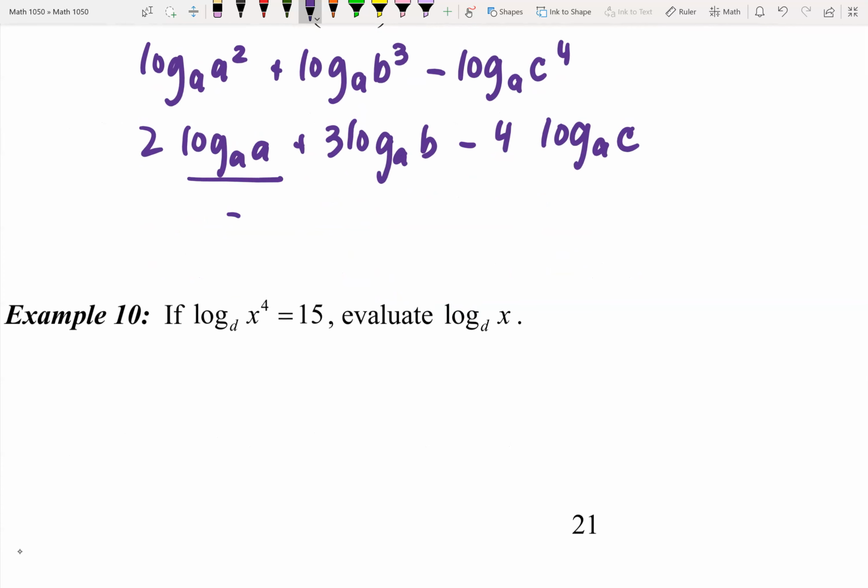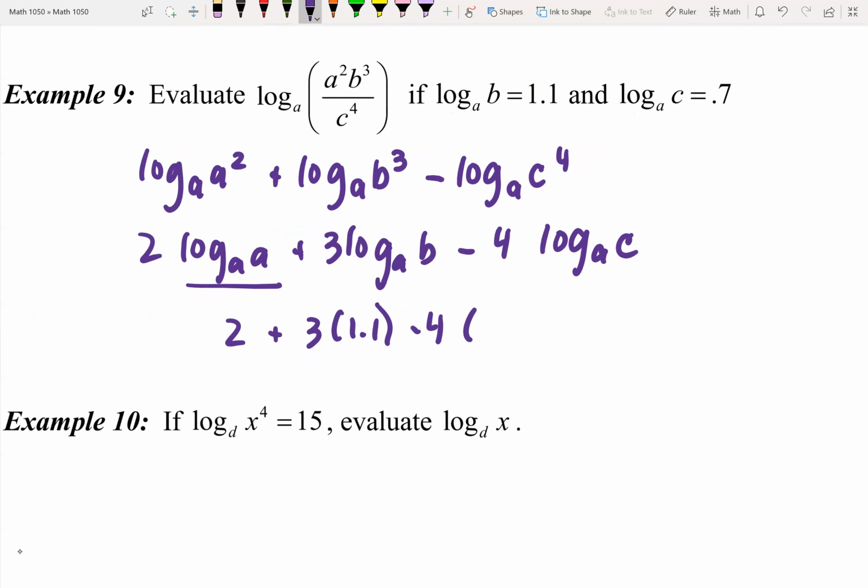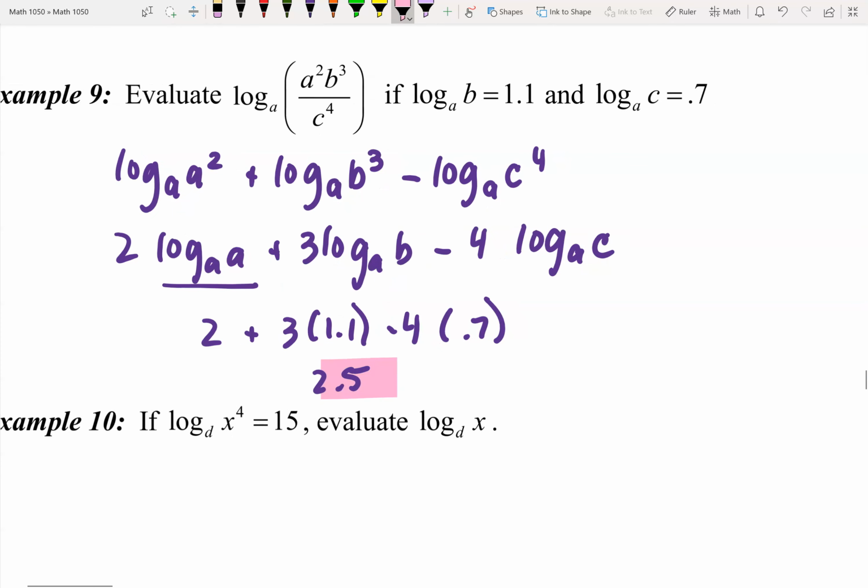Log base A of A is a 1, 1 times 2 is a 2. Log base A of B is 1.1, fill that in. Log base A of C is 0.7. Grab your calculator, and you get 2.5. Is that what you guys got? Did anybody get 2.5? Okay, thank you.